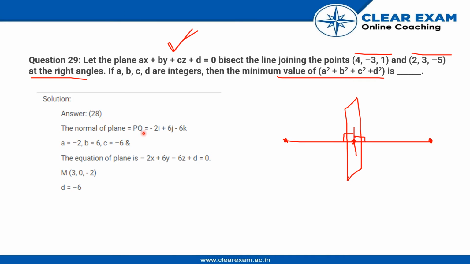So the normal will have direction ratios of -2, 6 and -6, as you can see over here, because if we subtract these two points, we get the direction ratios for the normal of the plane.